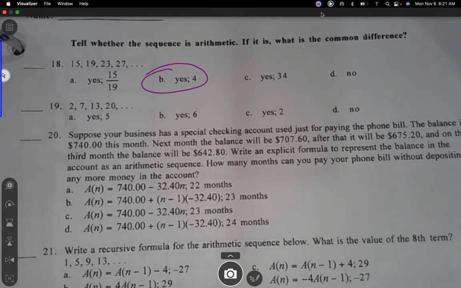If I was subtracting 4, I would have negative 4, minus 4, to let you know it was going down by 4. On this one, to go from 2 to 7, I add 5. What is 7 plus 5? Is that 13? No. It's 12. So is this one arithmetic? No, I wasn't adding the same thing every time. Remember, it has to be the same thing every time. So that one's no.